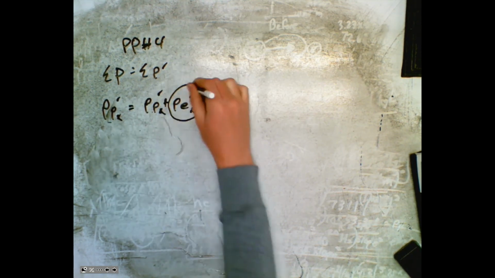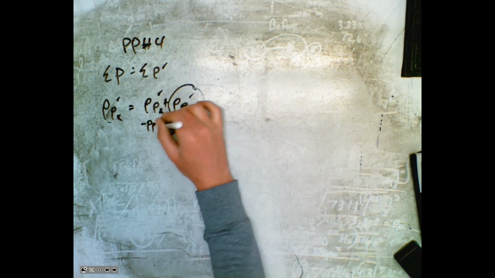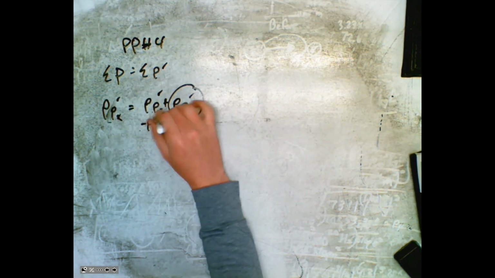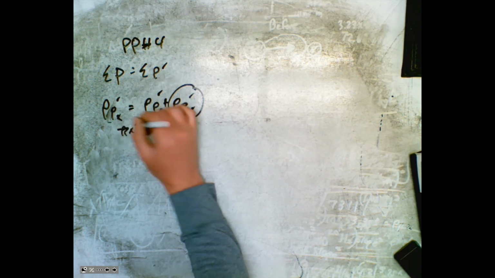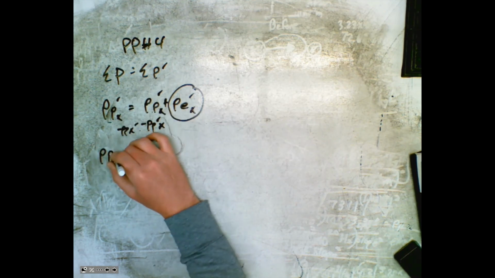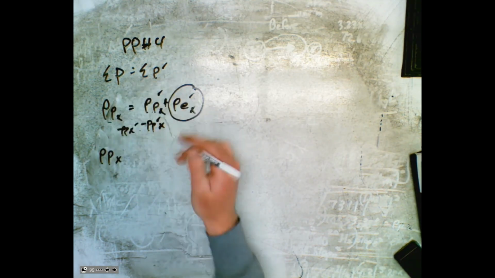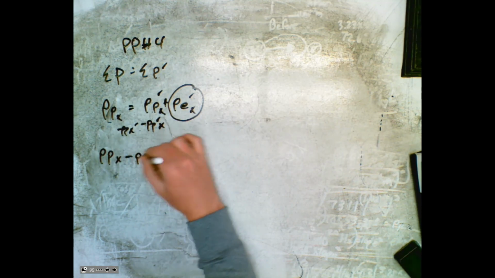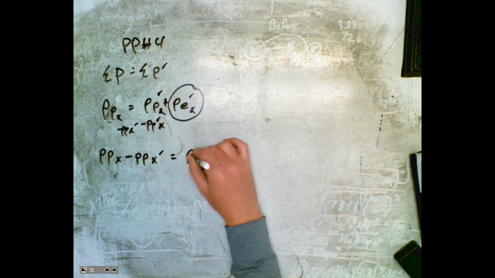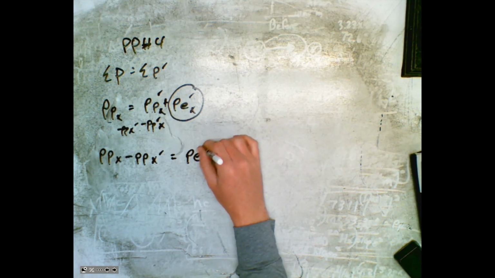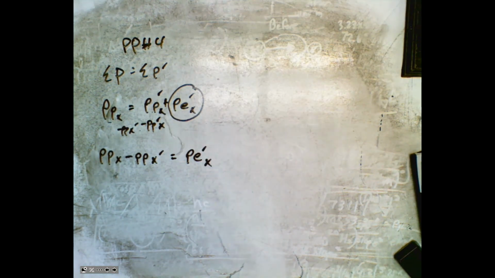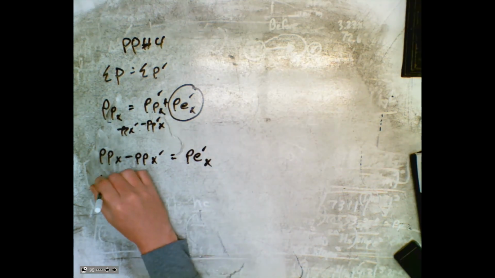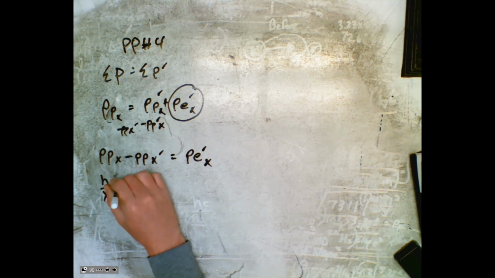We're trying to find this, so we'll subtract the momentum of our photon after in the X first. So we have the momentum of our photon in the X before, minus the momentum of our photon in the X after, and that's going to equal the momentum of our electron in the X after. Because it's a photon, we use h over lambda. Because it's X, we use cos theta.